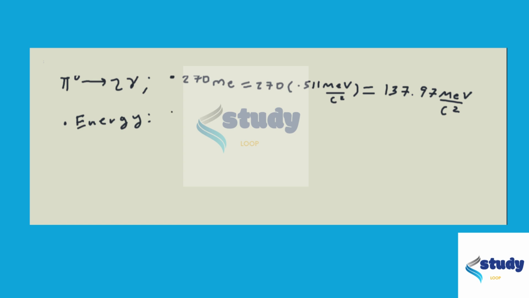So we have 137.97 MeV per c squared divided by 2 times c squared, and those are going to cancel. So our energy per photon is 68.985 mega electron volts if we keep all the values.